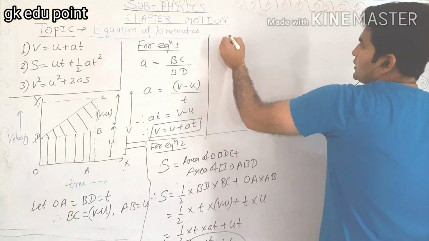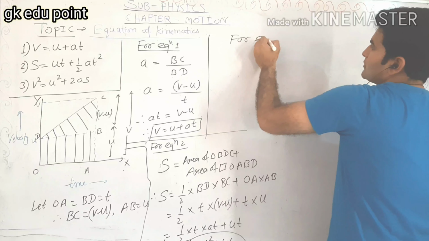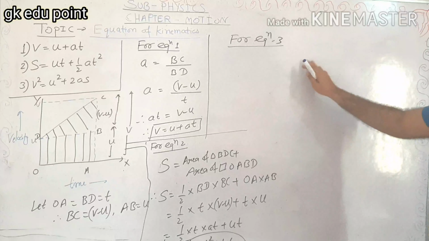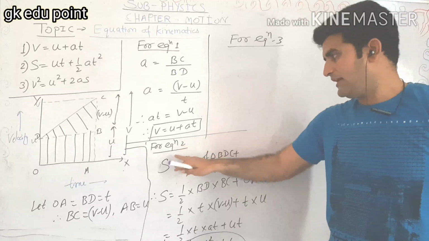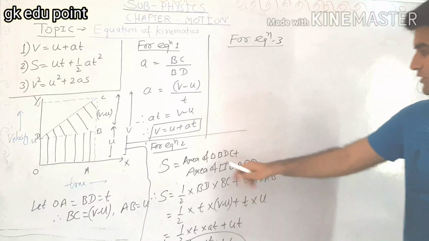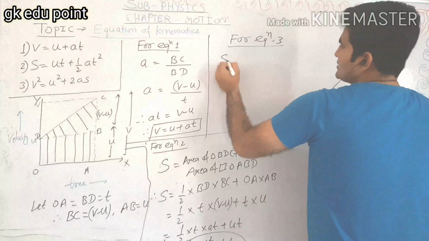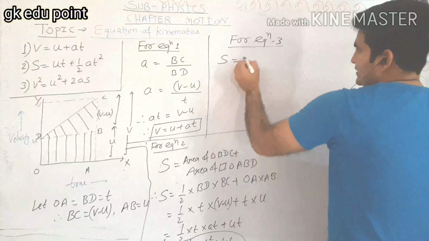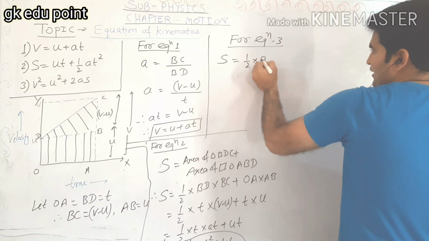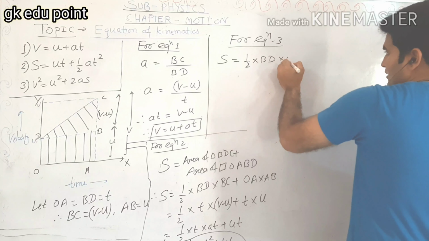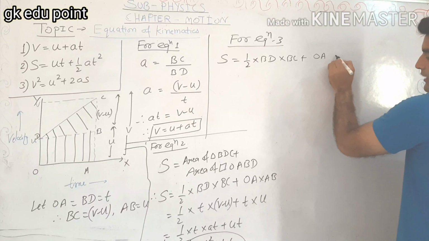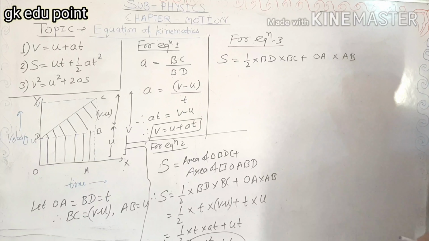Now we proceed to equation number 3. For equation number 3, we follow the same approach as in equation number 2. We again take the displacement. So displacement here is the area of this, half into BD into BC plus OA into AB.